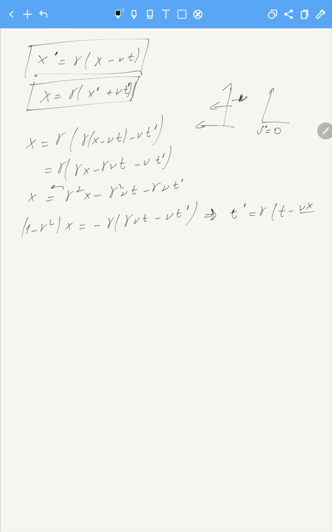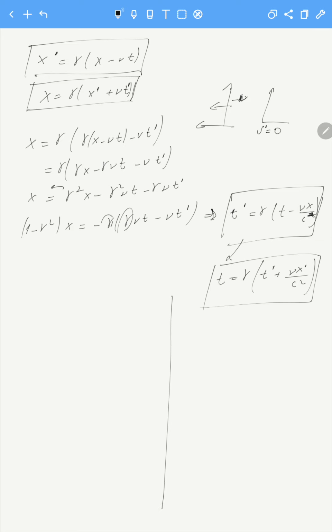I'm not going to go into all this algebra mumbo jumbo, because basically what you do is put x on one side, write those openly, get some factors here and there, and obtain this equation. We also can invert this, thinking that the other frame is moving in the other direction, right? All nice and dandy.